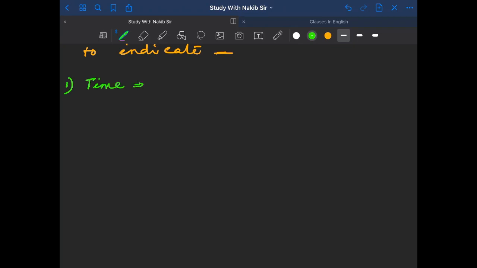See the example. When it rains, they dance. They dance when it rains. So it is an adverb clause.